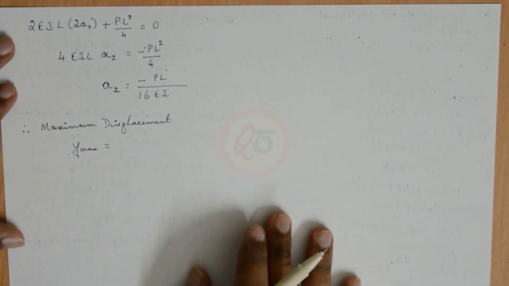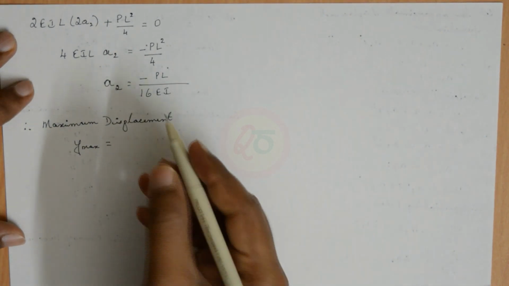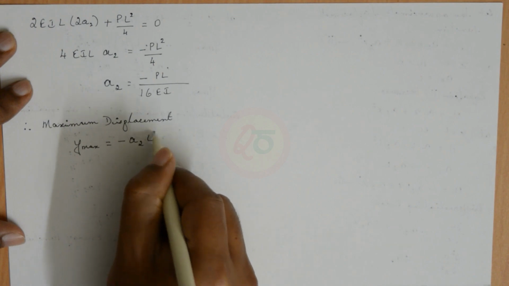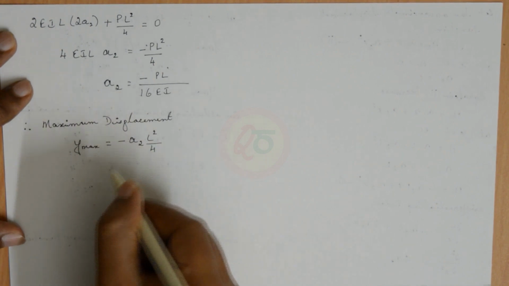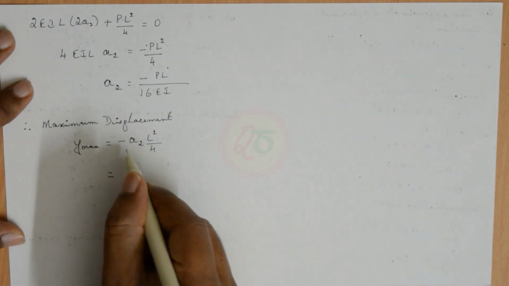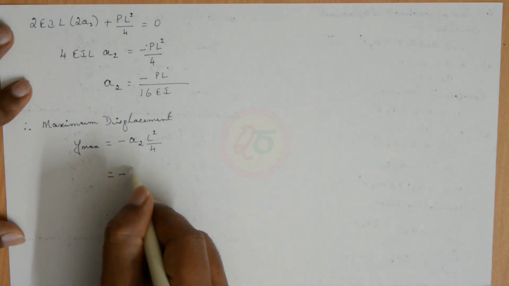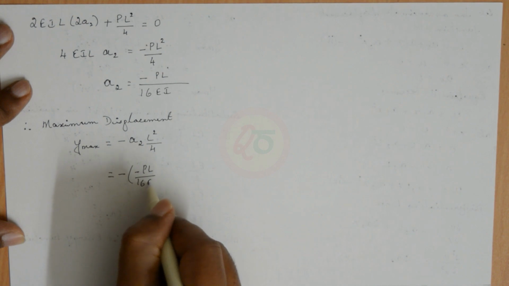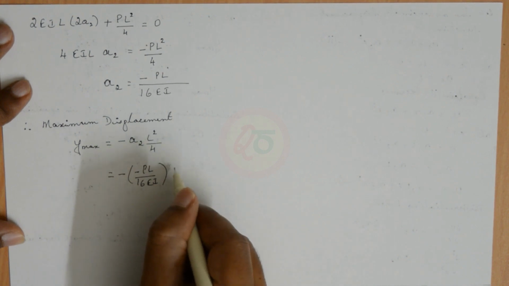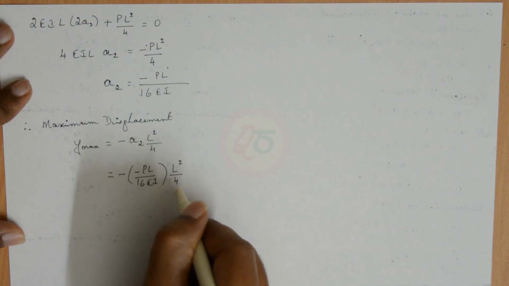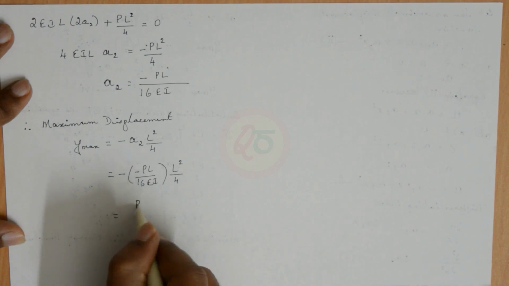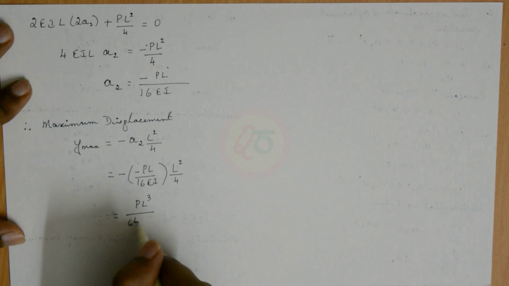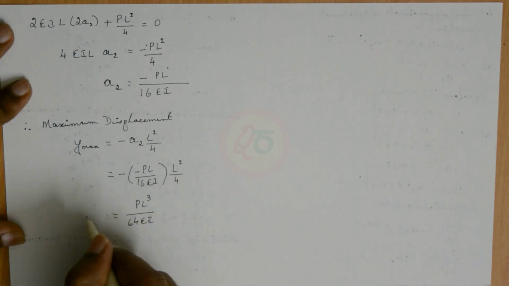So Y max is minus a2 L square by 4. Substituting the value of a2, minus of minus PL by 16 EI into L square by 4 will give us PL cube by 64 EI.